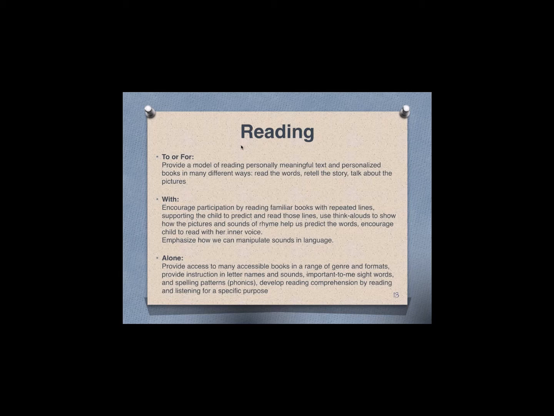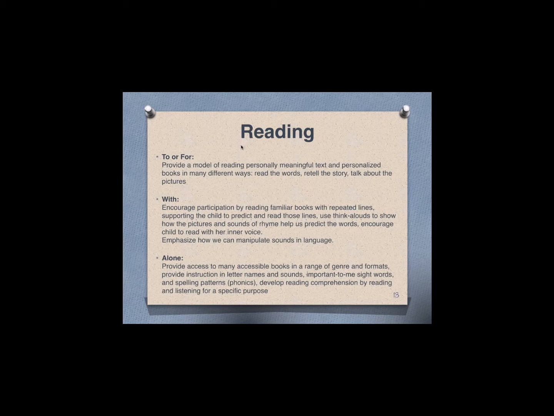We're going to show them how we can use the lines that they're hearing in the stories and the pictures so that they can predict what the next thing is that's going to happen. We're going to show them how they can use their communication system to comment on and really take part in the reading experience, and we're going to start to really focus on the sounds and language.